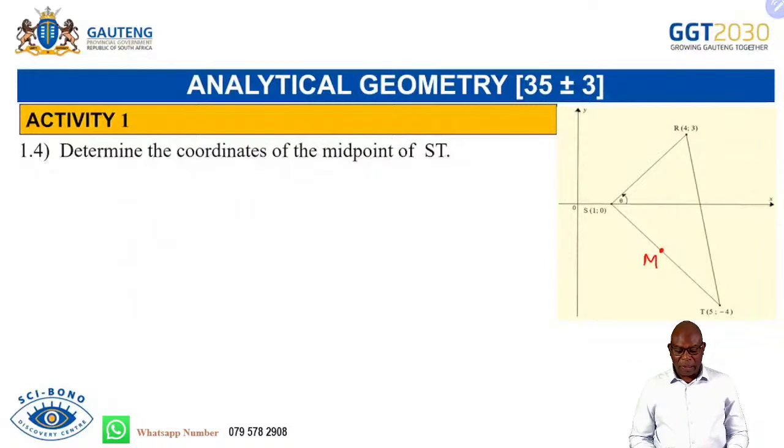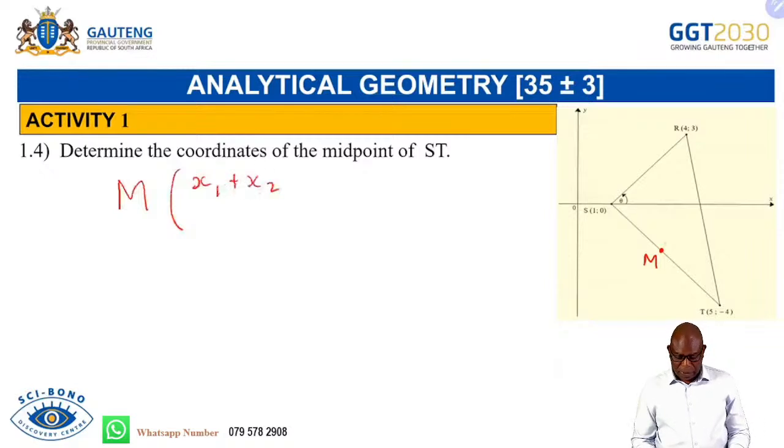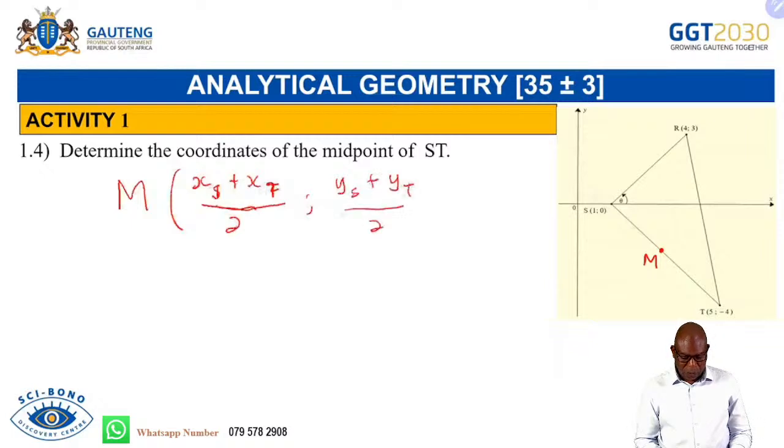So how do I write the midpoint? It's capital letter M. And then I'm going to write down what is my x. Okay, I'm going to write the formula down. x1 plus x2. Because I'm looking for ST, I'll say x at S and then x at T all over 2. The other coordinate will be y at S plus y at T over 2.